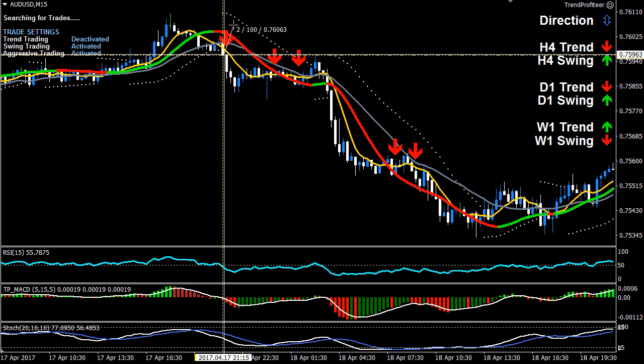This was quite a nice clean trade, apart from this consolidation area where we could have picked up additional swings, but nevertheless, it never moved against us. So 10 pips for our stop.